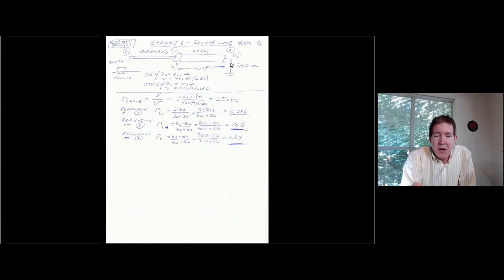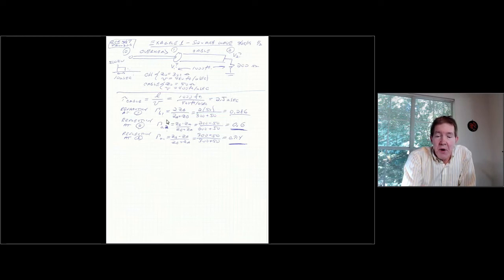Now I'm going to want to know, when that overhead surge hits this discontinuity, what's going to get refracted, what's going to continue to go down that cable. And so I'm going to need the refraction coefficient at point 1. That refraction coefficient, gamma B, is 2ZB divided by ZA plus ZB, where ZB is the surge impedance of the cable and ZA is the surge impedance of the overhead.